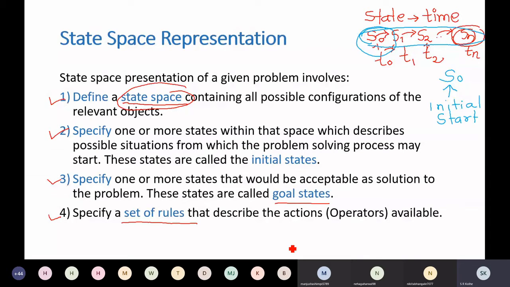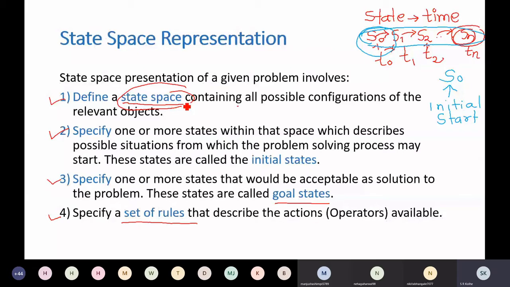First we define the state, and then we define the state space. The second step was, out of the states that you have defined in the state space, you have to identify one or more states as the initial state, which is called the start state or initial state.